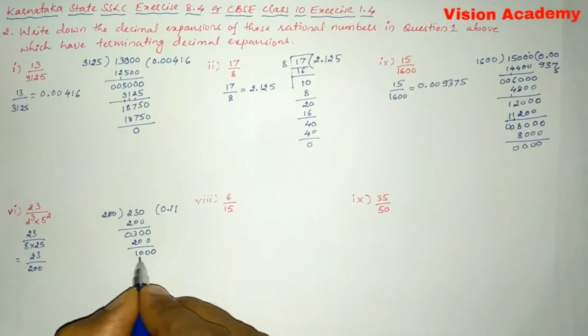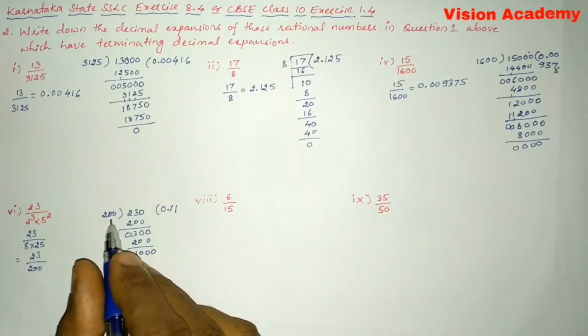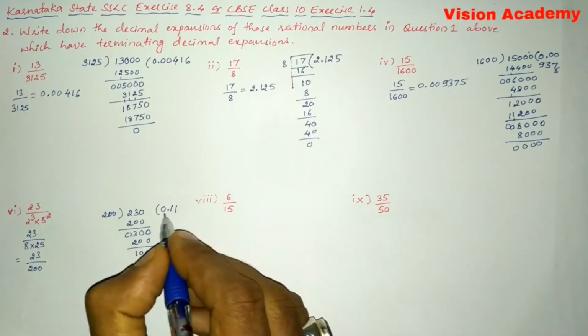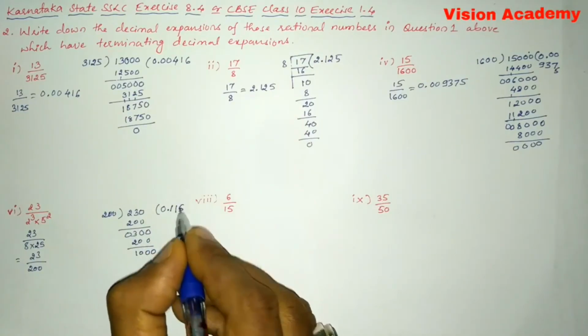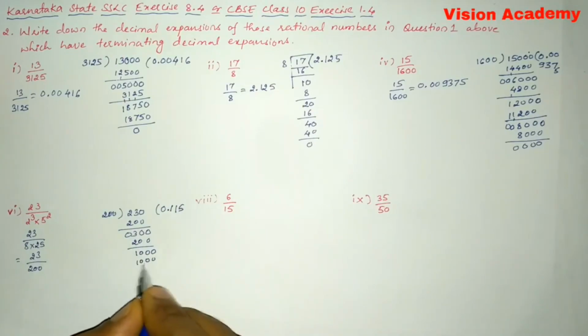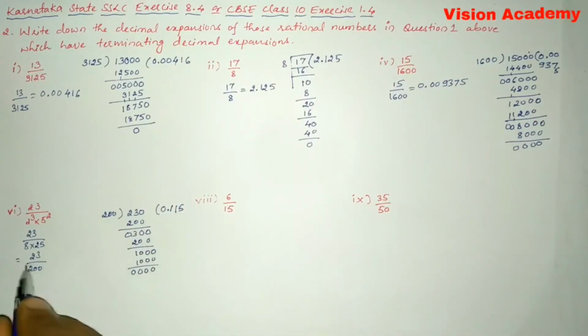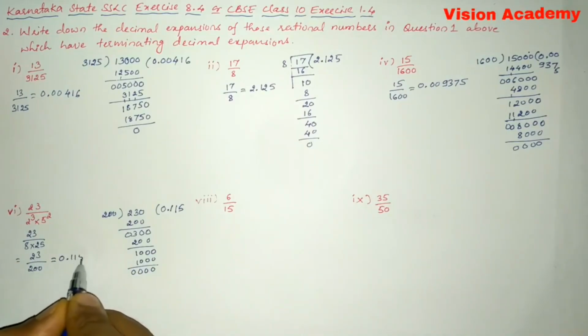Now it will become 1000, because 100 is less than 200. So 1000 is greater than 200. It is easy for us to divide. So 200 how much are 1000 or less than that. Here 200 5s are 1000. So here 0 minus 0, 0 minus 0, 0 minus 0, 1 minus 1 is also 0. Remainder is 0. So we got here 0.115. So 23 divided by 200 is equal to 0.115.